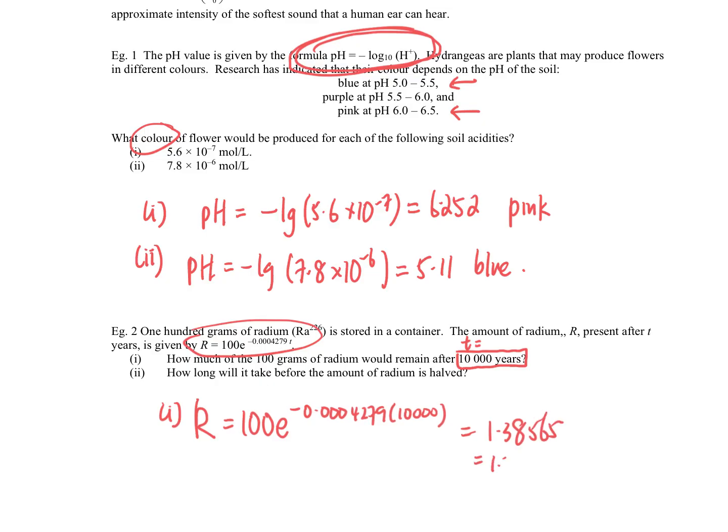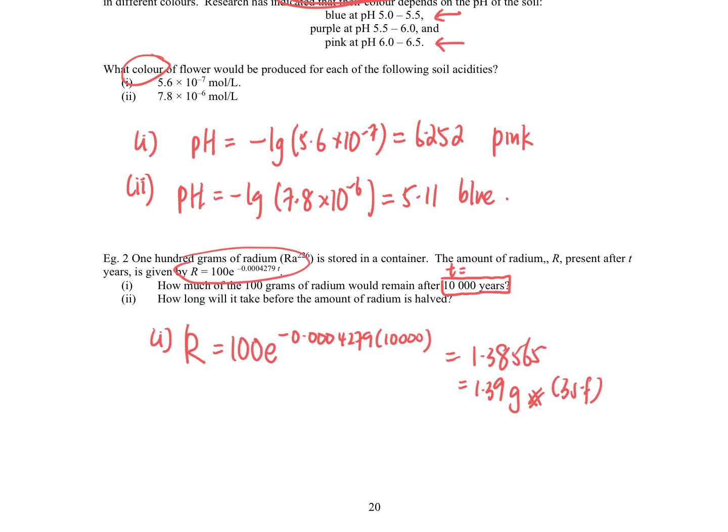Just now I calculated already so that it saves time. Okay, 3SF. Then they say how long will it take before the radium is halved? So half means sub in what value? Not half. What is the initial amount of radium? 100, right?